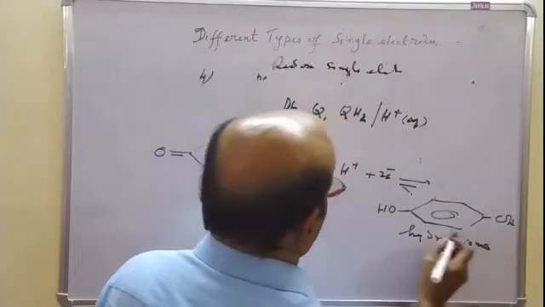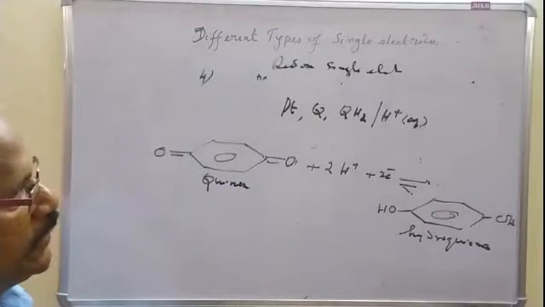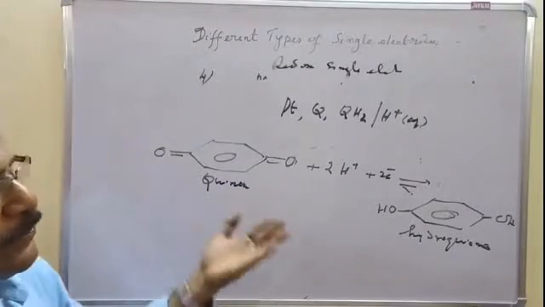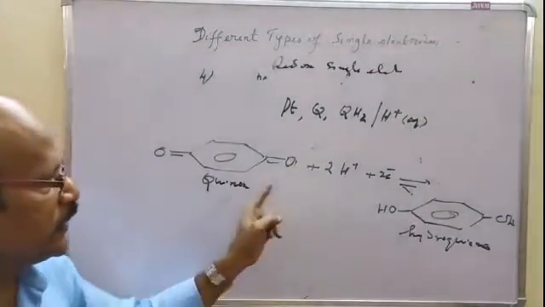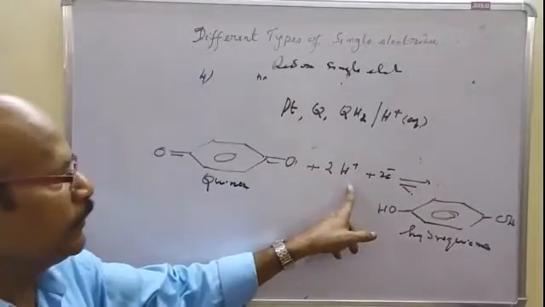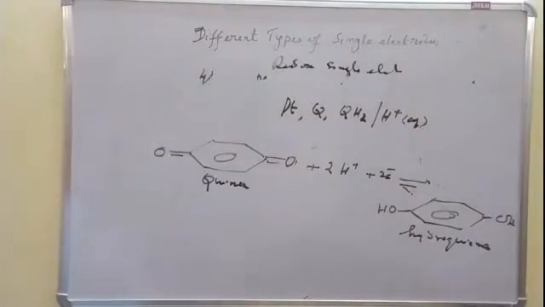So a quinone–hydroquinone electrode is a typical oxidation reduction electrode in which the quinone–hydroquinone mixture is reversible with respect to H plus ion.